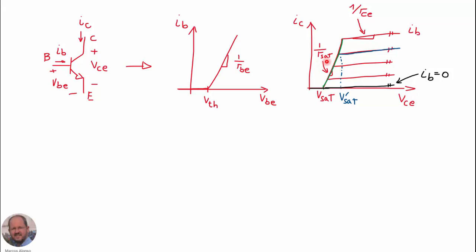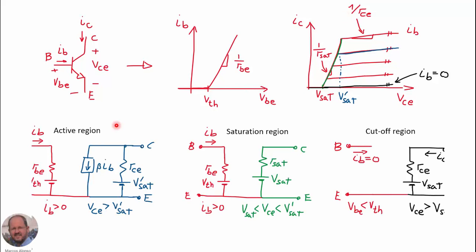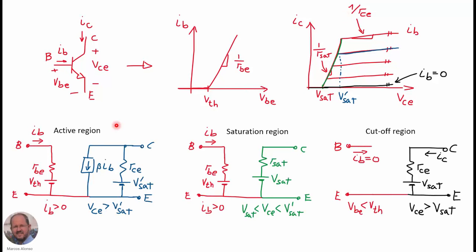And finally, we have the cutoff region, so it's represented here in black. So when the current through the base is 0, then we have a behavior that we can model also as a resistance with this slope here, which is also given by 1 over RCE.